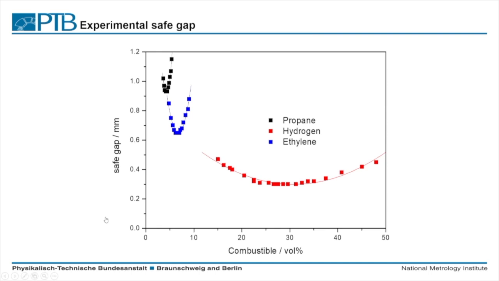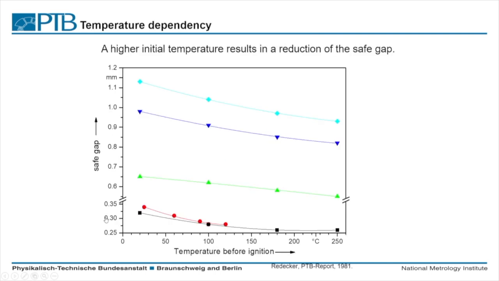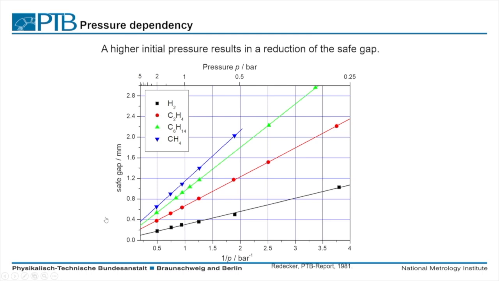And of course these quantities depend on temperature. If we increase the temperature, the maximum experimental safe gap reduces. So of course hotter temperatures are easier to ignite.